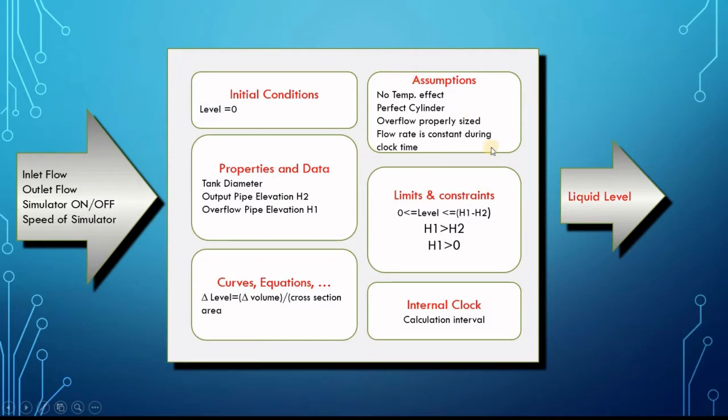Now, at the end of the day, after all the things you do inside the block, what I need is the liquid level. Remember when we talked about what I want from this block.